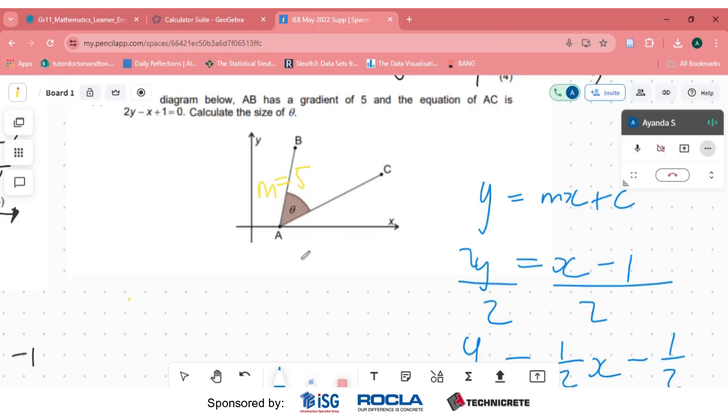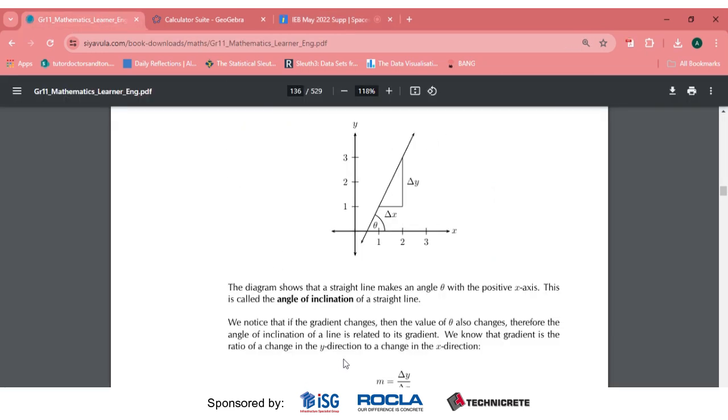We have an angle theta formed between the line AB and AC. And technically speaking, the angle also extends through here, but for us, it would be between line AB and line AC.